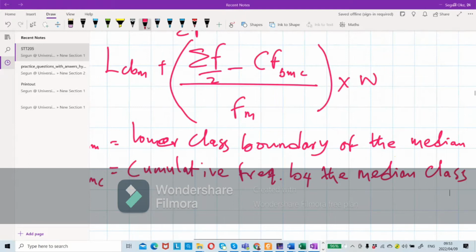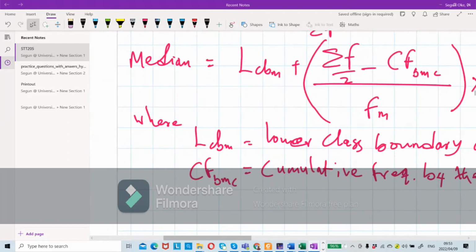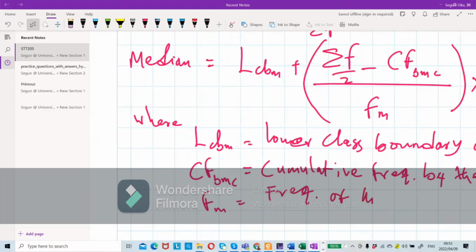Then we have FM to be frequency of the median class.